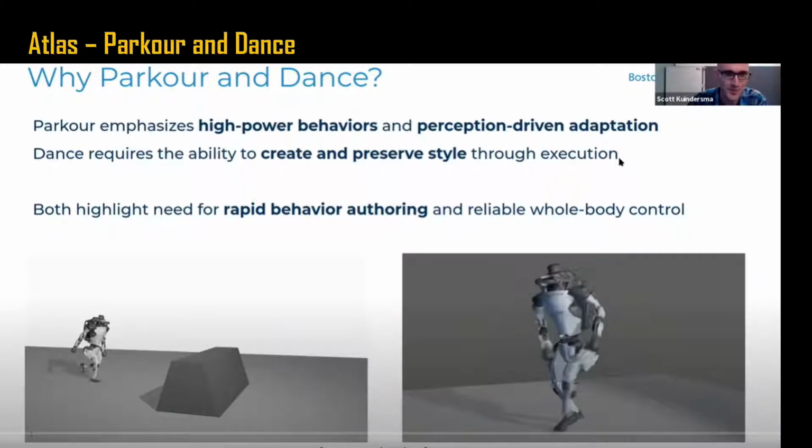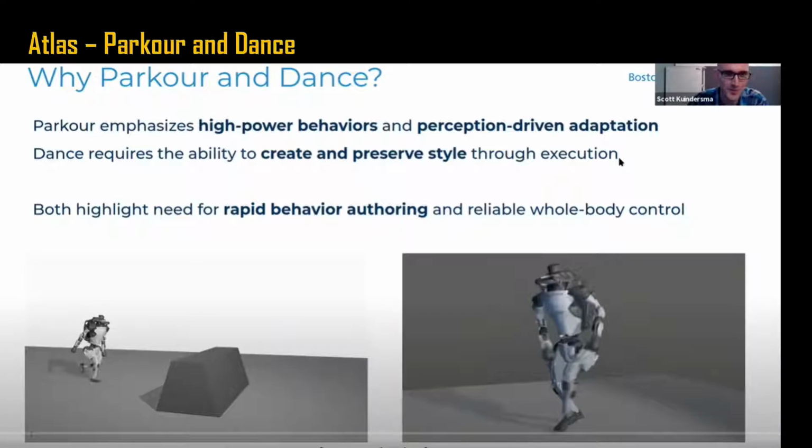Atlas is known to perform parkour and dance. We talked about parkour last time, but why did they target parkour and dance movements rather than having a predefined set of standard tests for these robots?